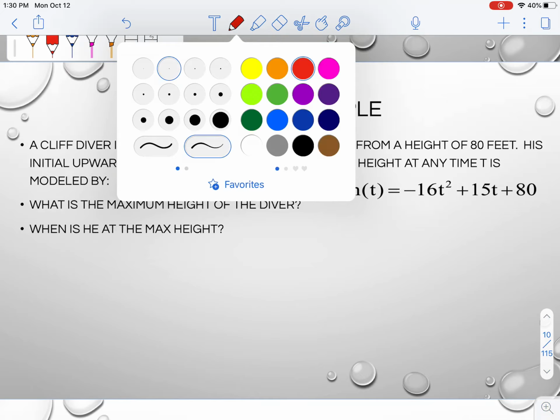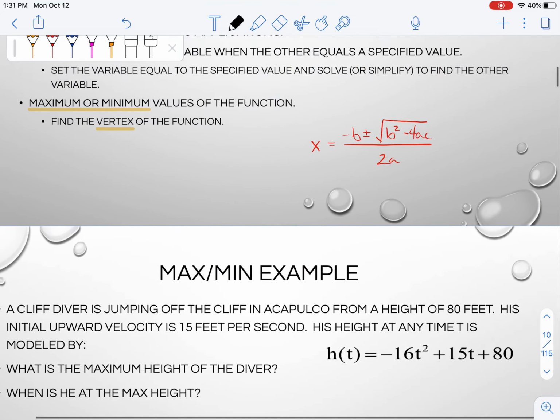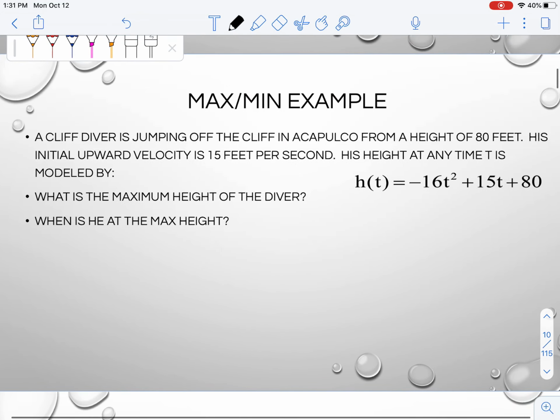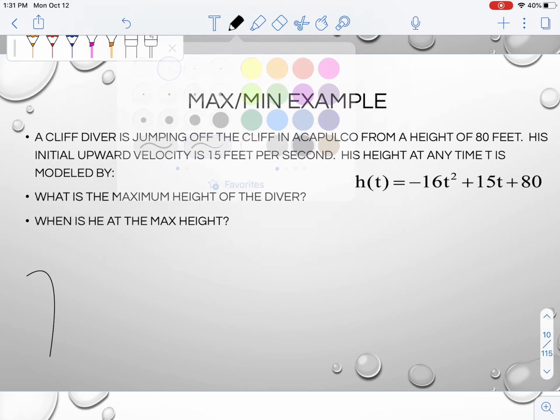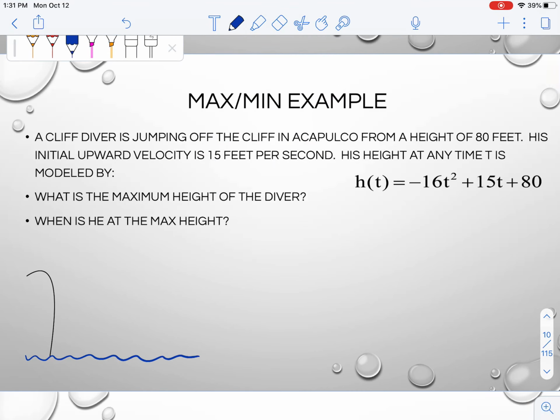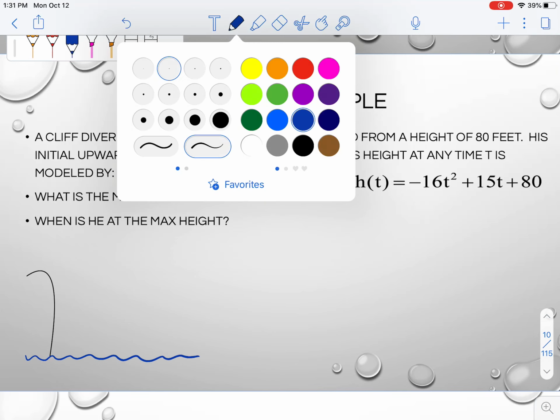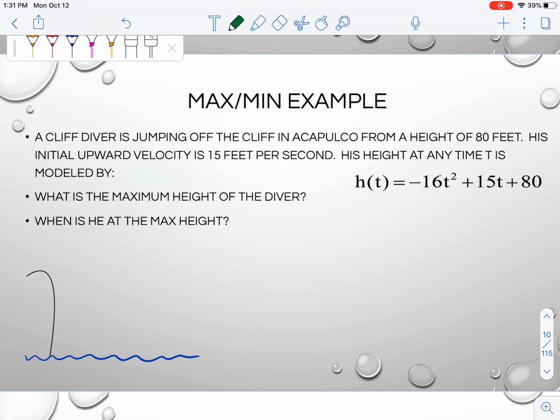So we're going to have our cliff diver standing on my cliff, and he's going to be jumping into the ocean below. Since I'm a phenomenal artist, let's make him, I don't know, an alien, because who's actually crazy enough to do this?